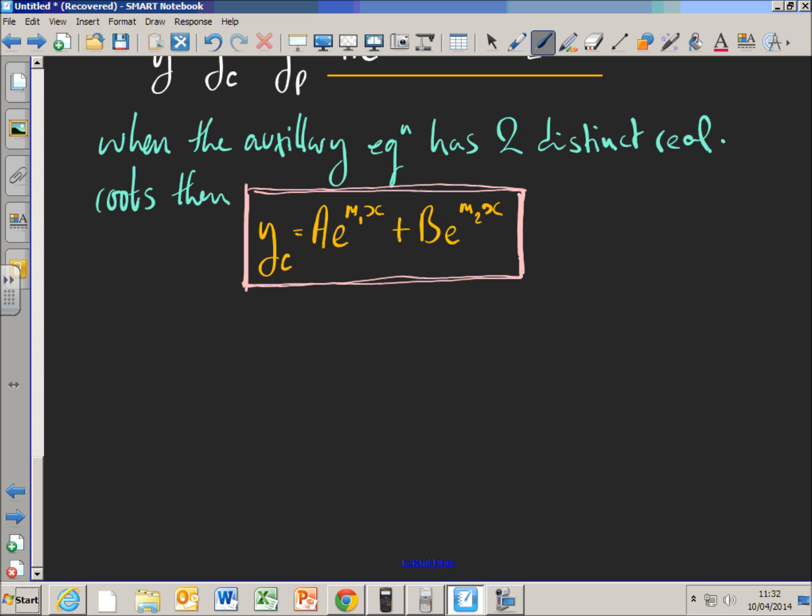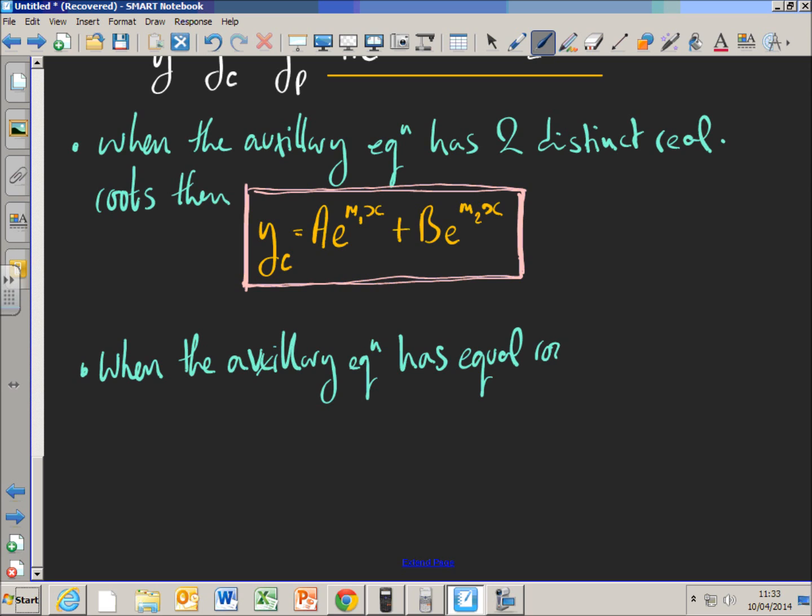I can never remember what the outcomes are, but let me just write this down as well then. So when the auxiliary equation has equal roots, you do exactly the same thing, except these m's are going to be the same.